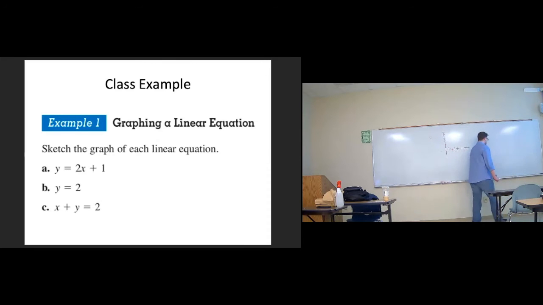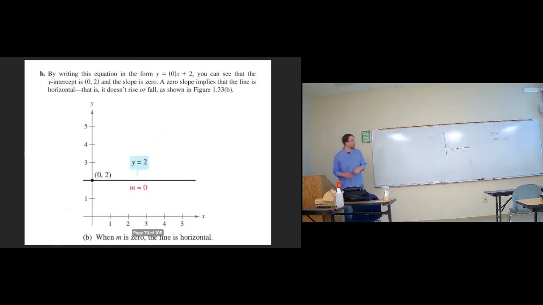So in example B, we could rewrite y is equal to 2 as 2 plus 0 times x. So we have a slope of 0 and an intercept at 0, 2. So check it out, slope is 0, and we intercept it here at the point 0, 2.